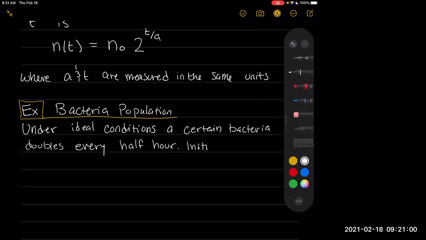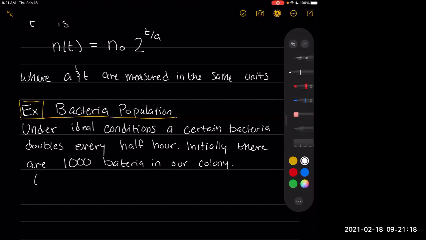Initially, there are 1,000 bacteria in our colony.